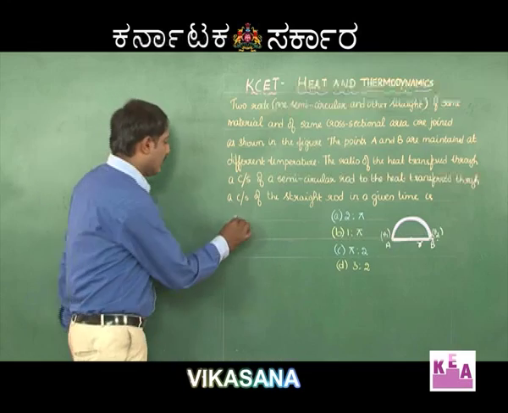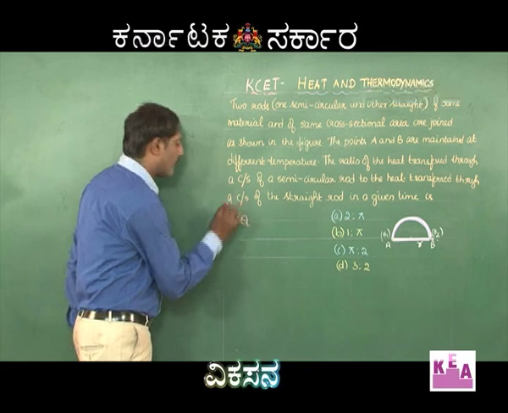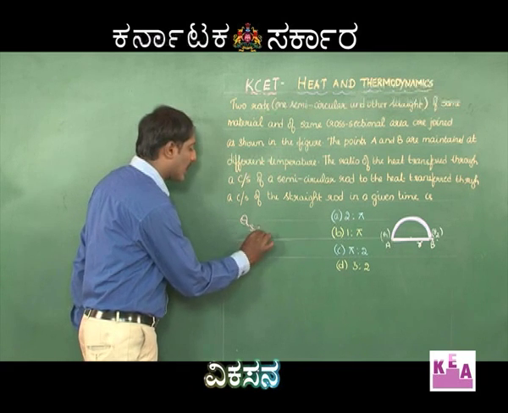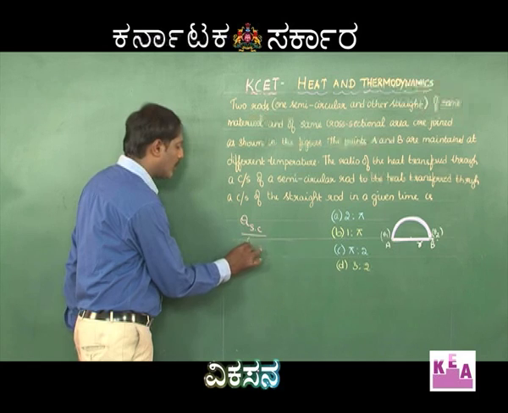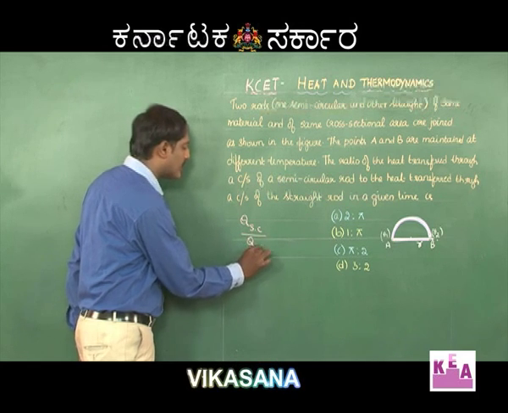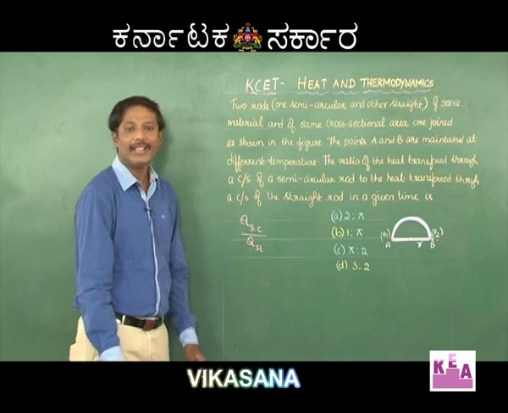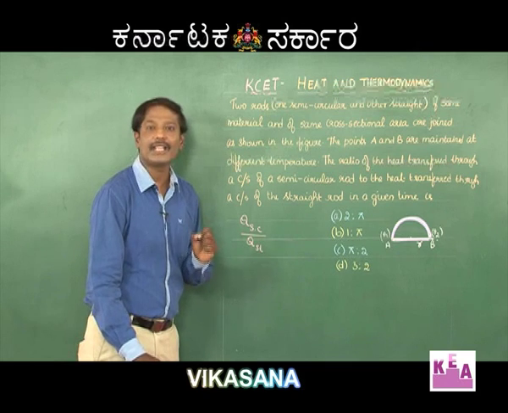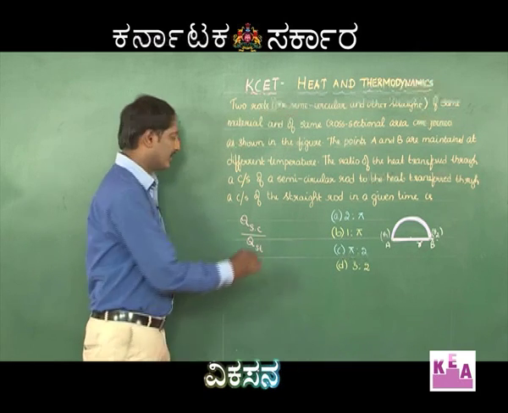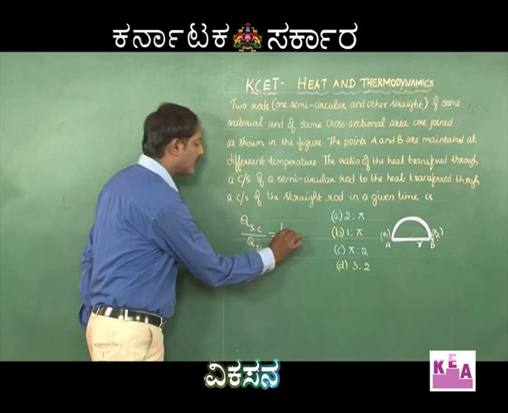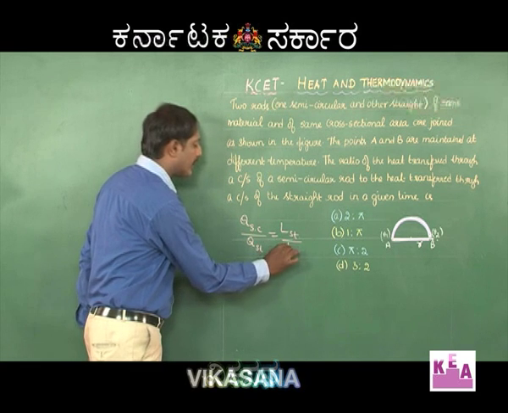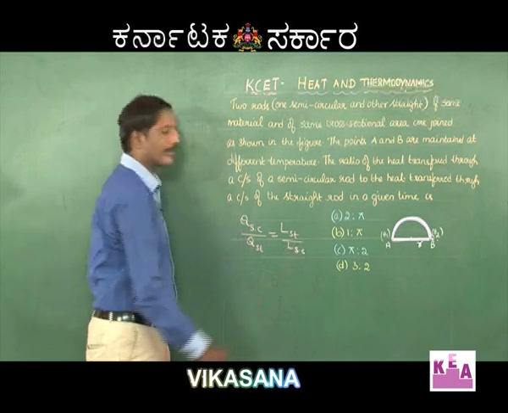So what is the ratio of the amount of heat energy flowed in the semicircular rod to the amount of heat energy flowed in the straight rod? Since the amount of heat energy flowing is inversely proportional to the length, this ratio should be equal to the length of the straight rod divided by the length of the semicircular rod.